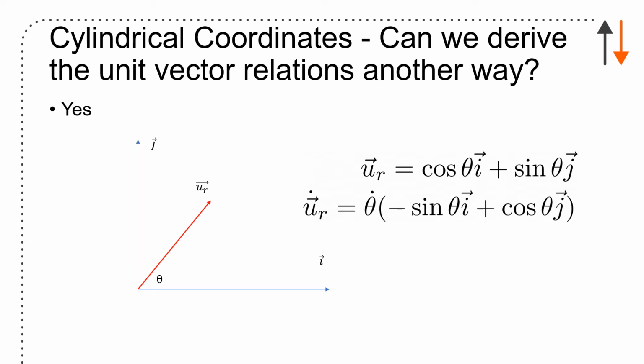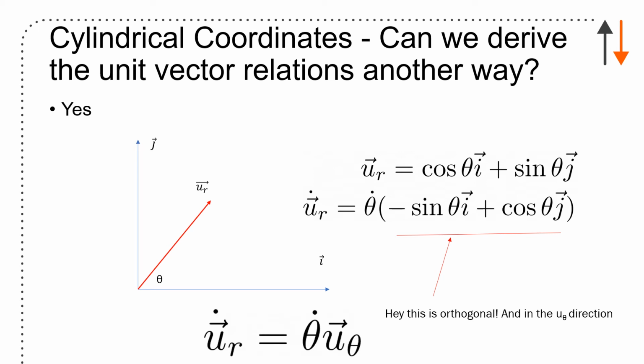Okay, that's going to be useful. But minus sine theta i plus cos theta j. Hey, that's an orthogonal term. That's normal. And they're in the u theta direction as opposed to the u r direction. So u r dot equals theta dot u theta. And so you're getting that out of this, and this is kind of a neat result.